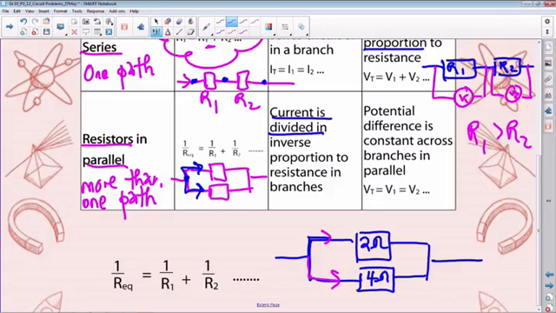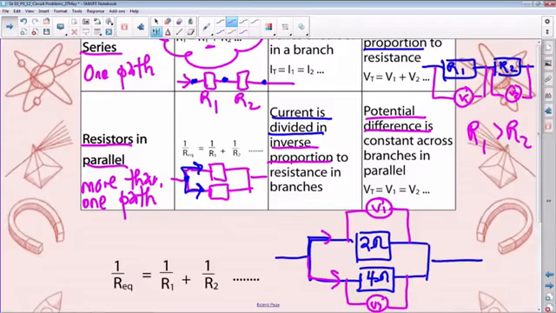In other words, they are in inverse proportion as current is divided. But if we have V1 and V2 across these two, they will be the same, in the sense that potential difference is constant in a parallel circuit, yet in a series circuit, only current remains constant.